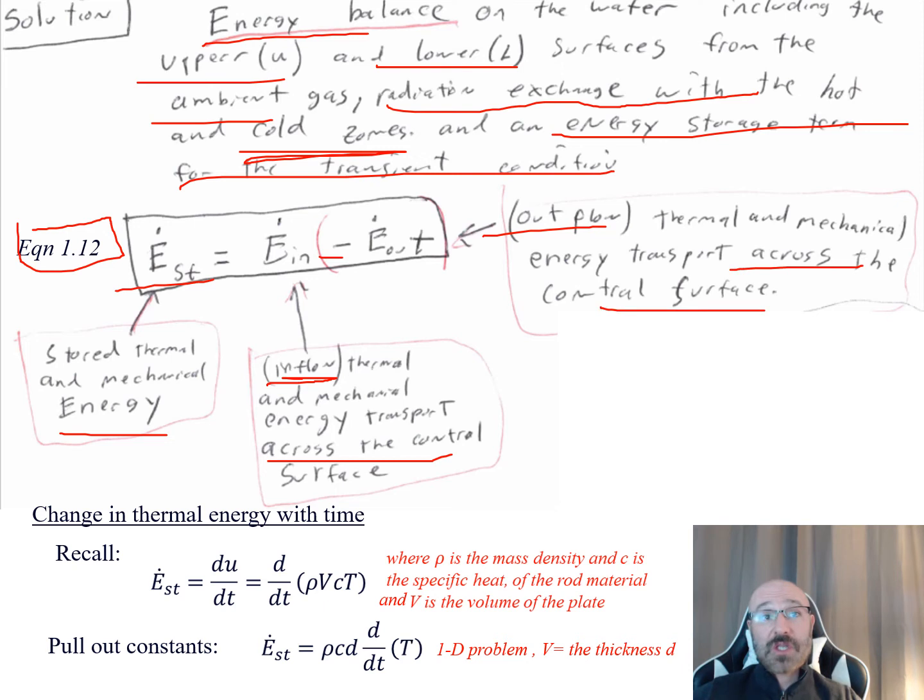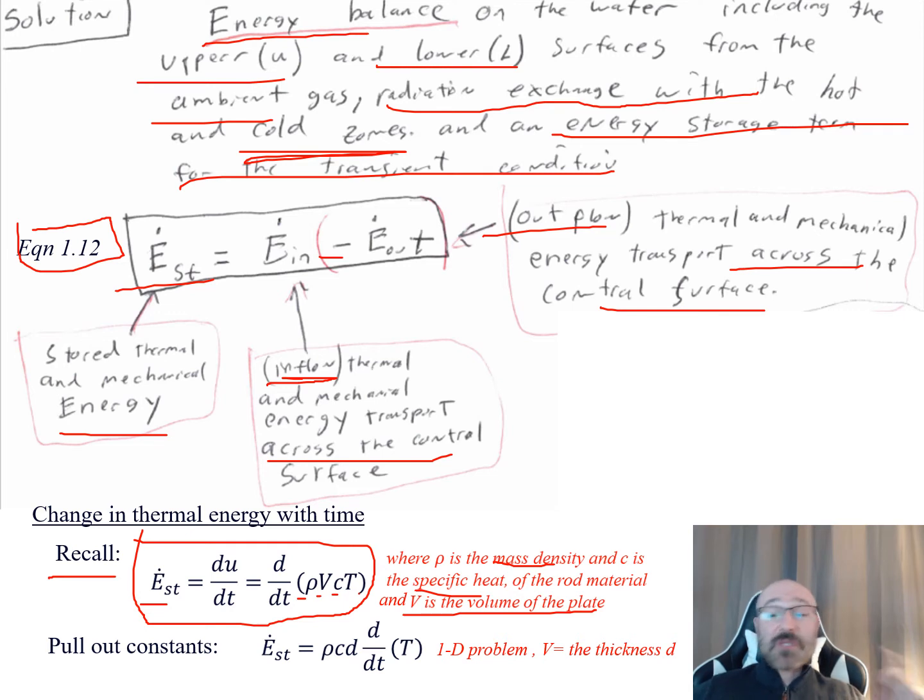So for the change in thermal energy with time, we want to recall the following relationship. E dot ST is equal to dU/dt, which is equal to d over dt, change with respect to time, of rho V c T, where rho is the mass density, c is our specific heat, and V is the volume of the plate.